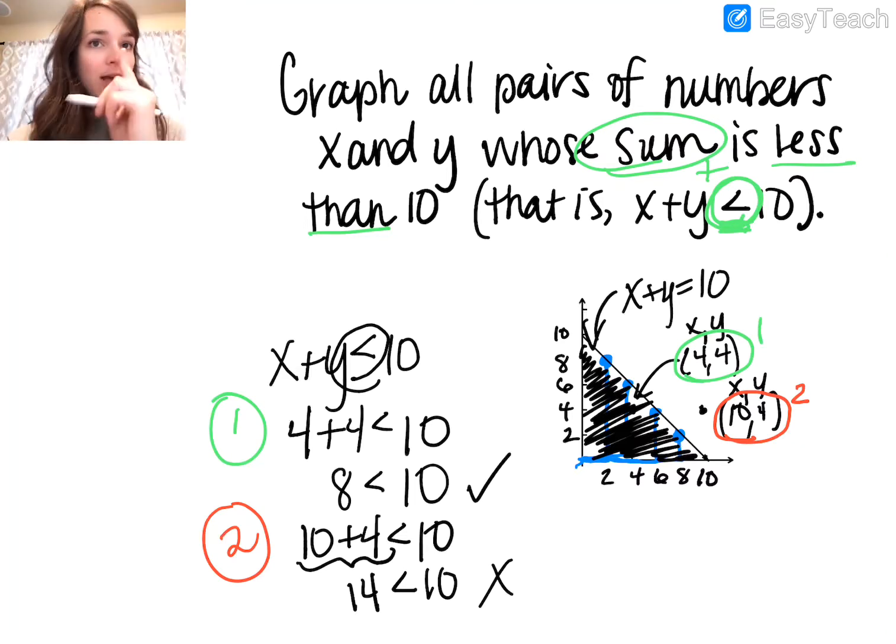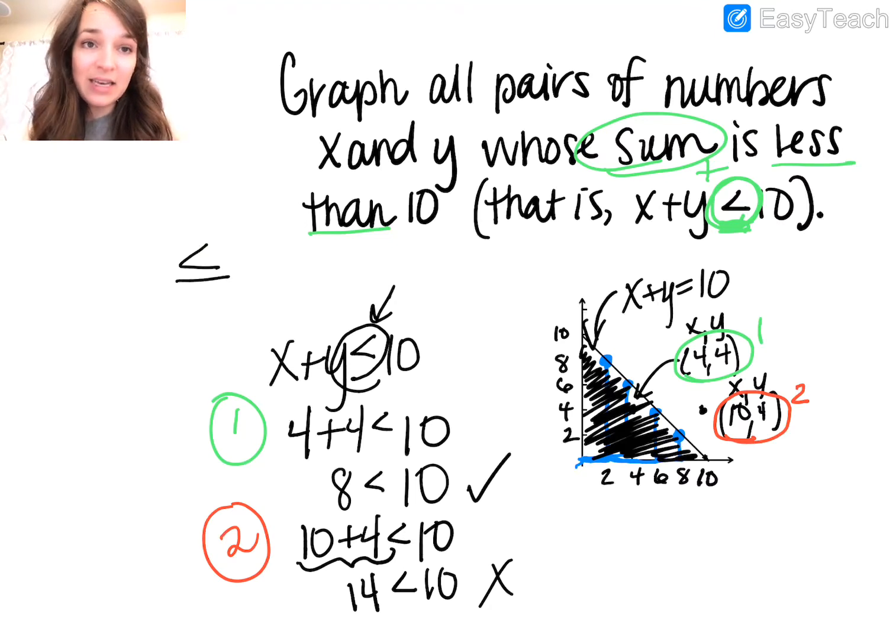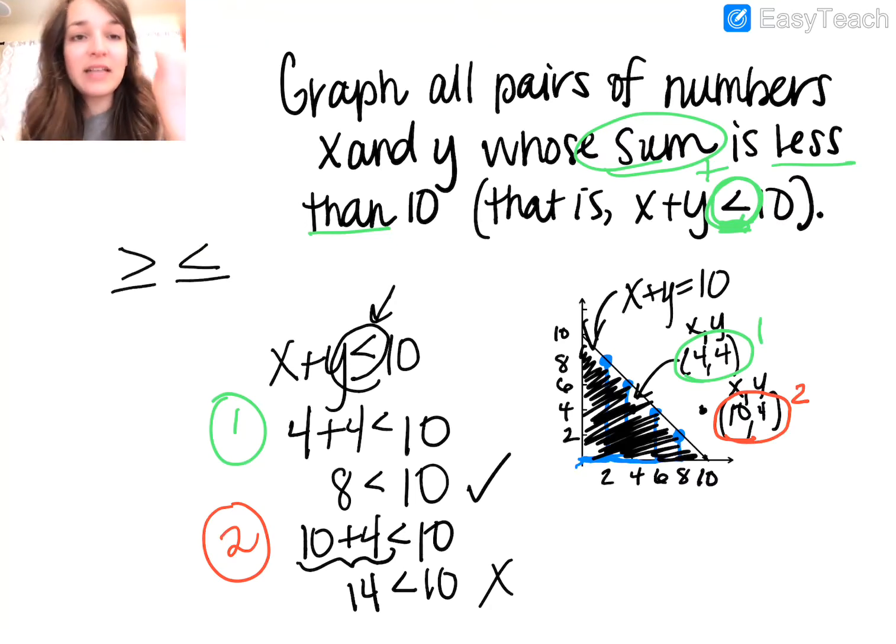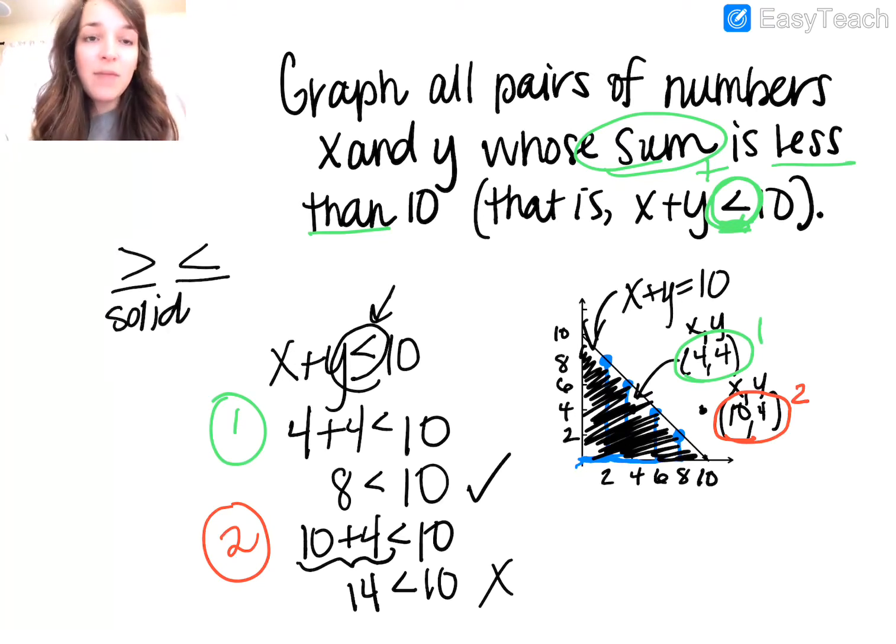Okay, there's one more piece to this puzzle, one more step, and that is that we need to figure out if this line that we drew initially is actually solid or dotted. Now there's a really easy way to figure this out, okay? If the inequality sign has a line underneath it, so if it looks like this or like this, then it's going to be a solid line, because that line underneath it tells us that it equals that line too, okay?